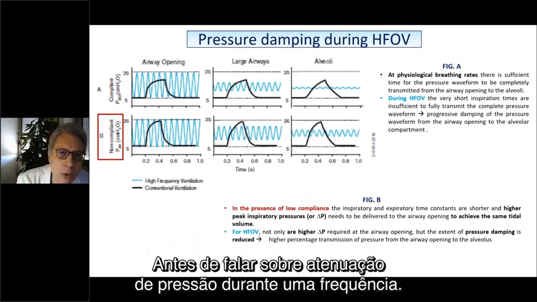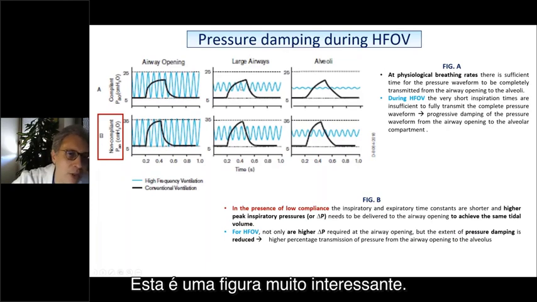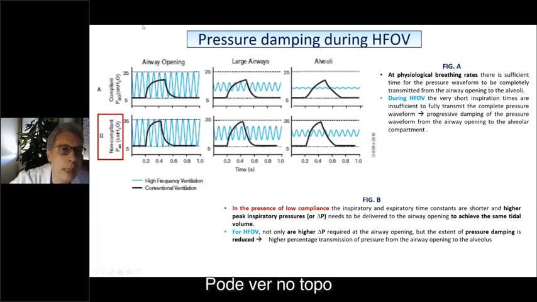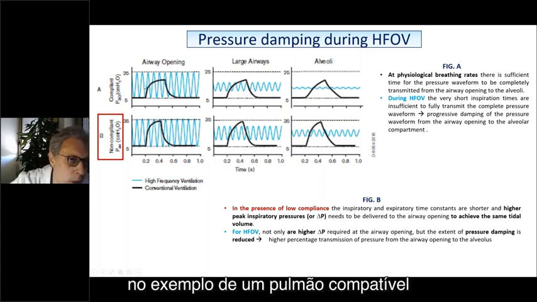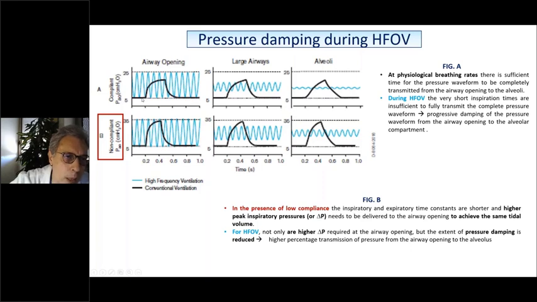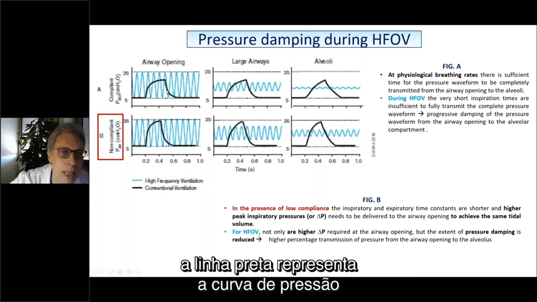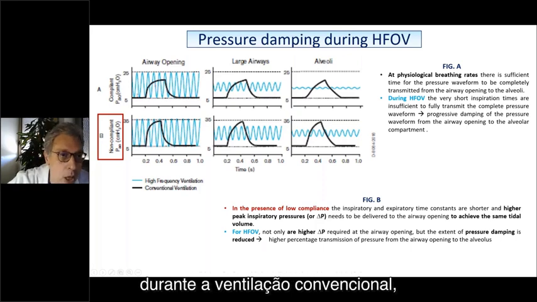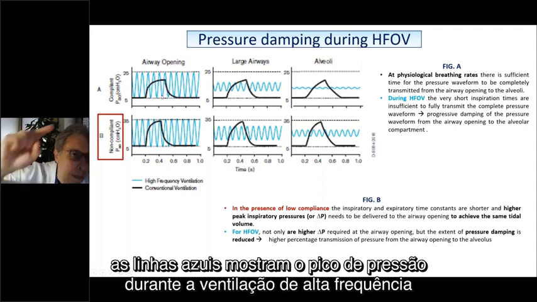Before we speak about the pressure damping during high frequency, this is a very interesting figure. You can see on the top the example of a compliant lung. The black line represents the pressure curve during conventional ventilation. The blue lines represent the peak pressure during high frequency ventilation.